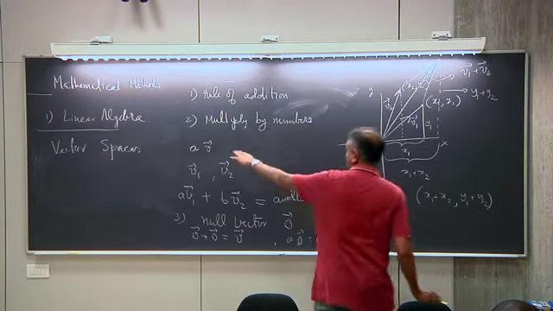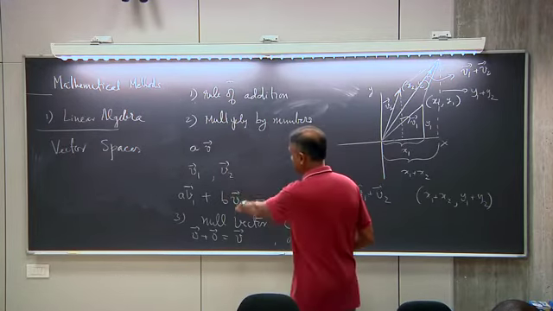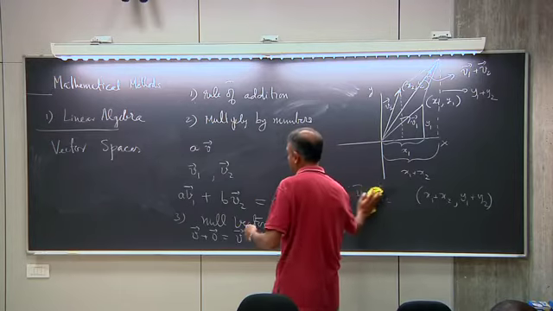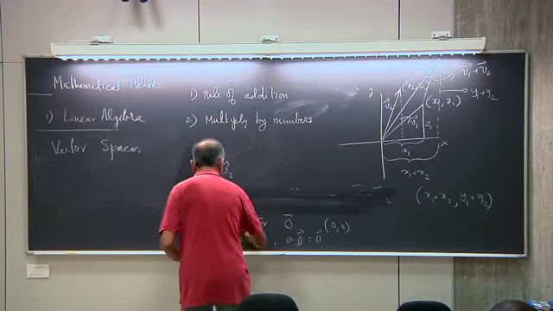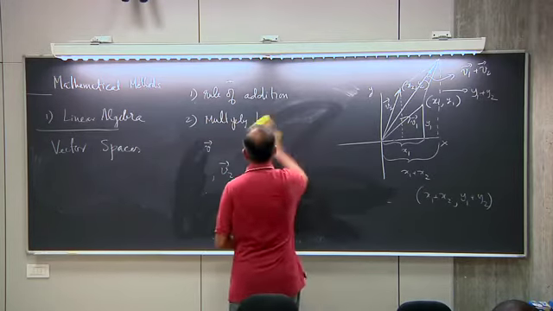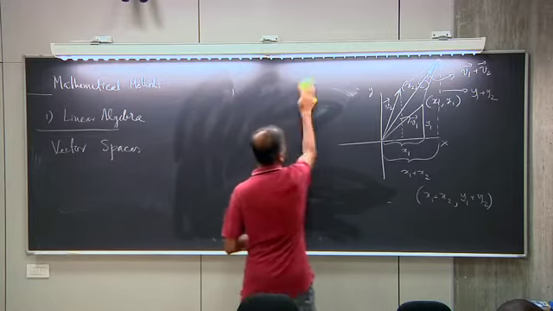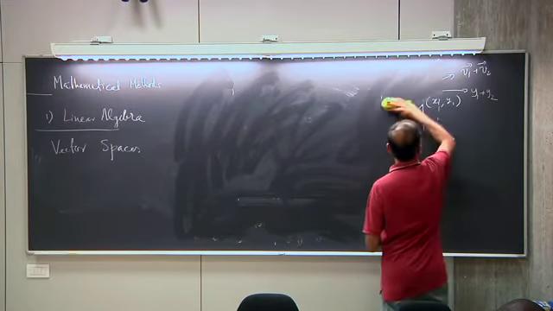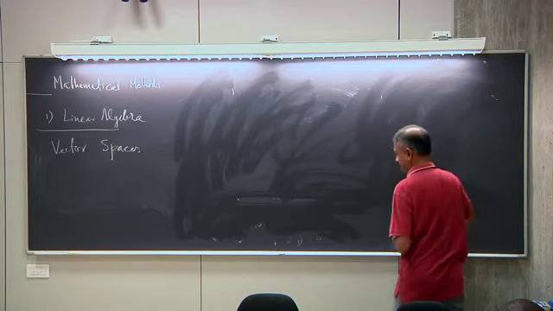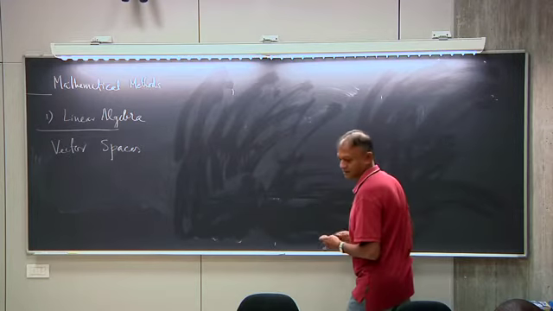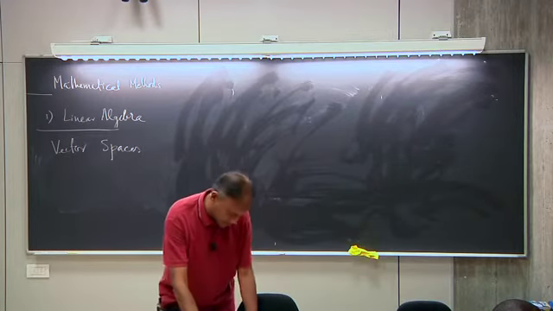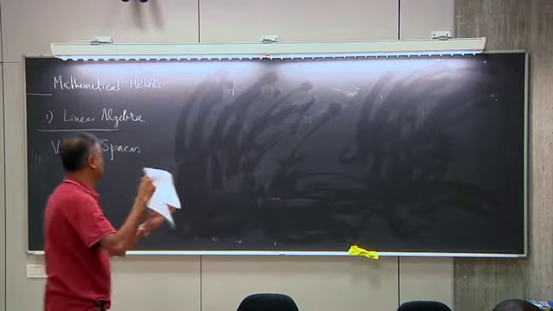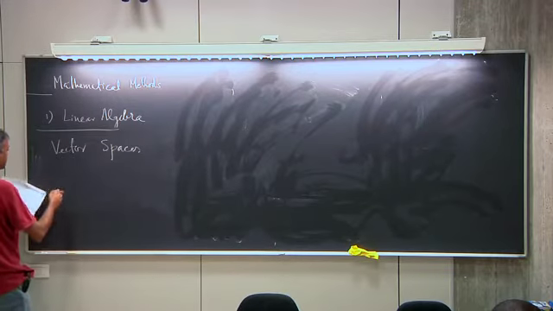So we will now formalize these things, abstract the main ideas from this, and I will make the precise definition of the vector space. First of all, a vector space is a set.